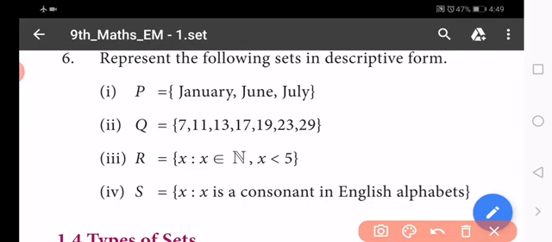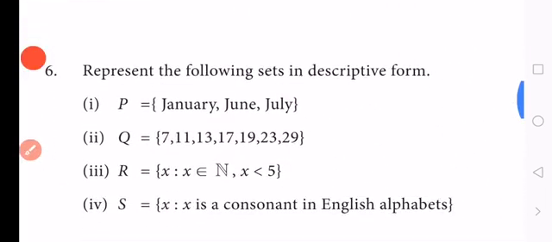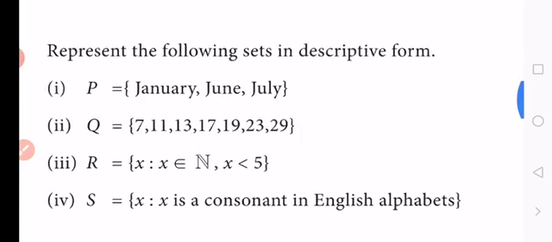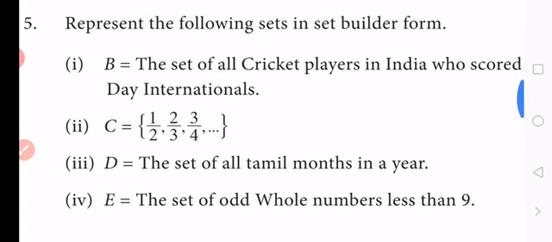After this we have completed the first exercise. Look at the sixth sum. You try it in rough note. In our next class we will discuss the answers of these questions, the sixth one and fifth one.